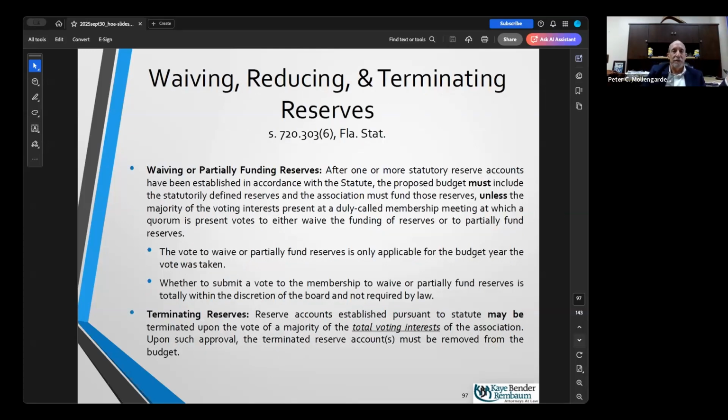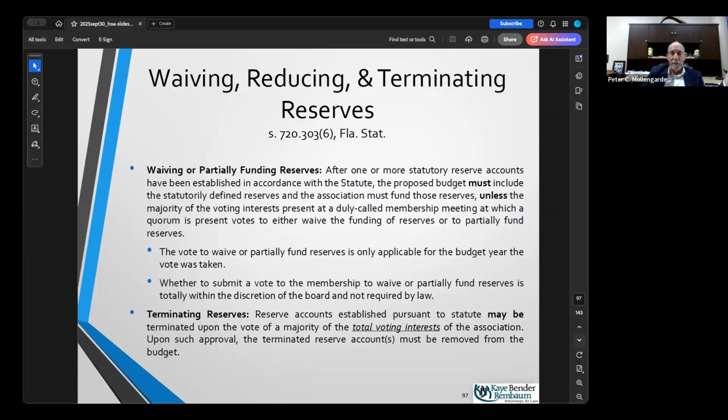Waiving, reducing, and terminating reserves. Okay. After one or more statutory reserve accounts have been established in accordance with the statute, the proposed budget must include the statutorily defined reserves, and an association must fund those reserves unless the majority of the voting interests at a meeting at which a quorum is attained votes to either waive the funding or to partially fund them.